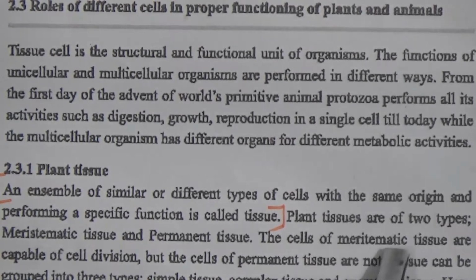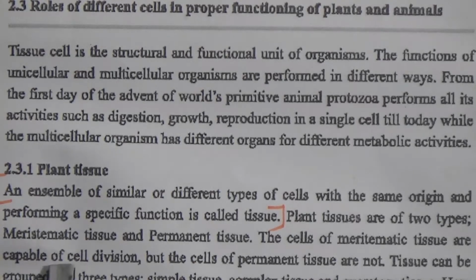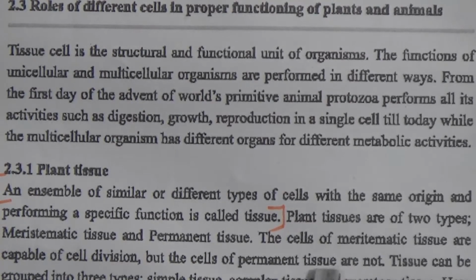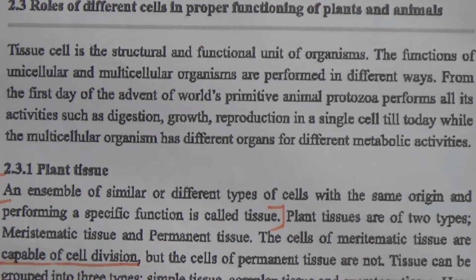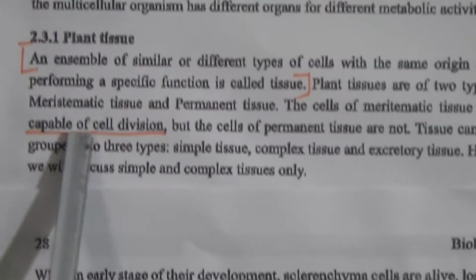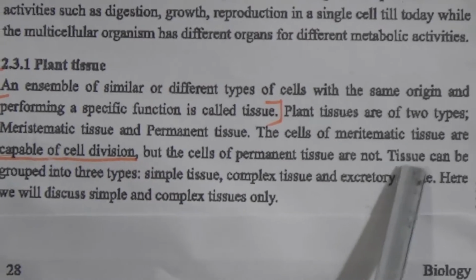The cells of meristematic tissue are capable of cell division, but the cells of permanent tissue are not. This is the important characteristic of meristematic tissue, and when the meristematic tissue gets matured, it becomes permanent tissue. That means only meristematic tissue is capable of cell division.